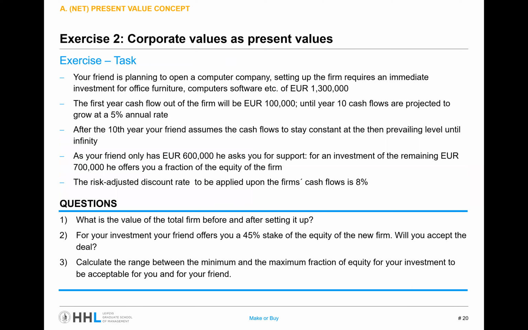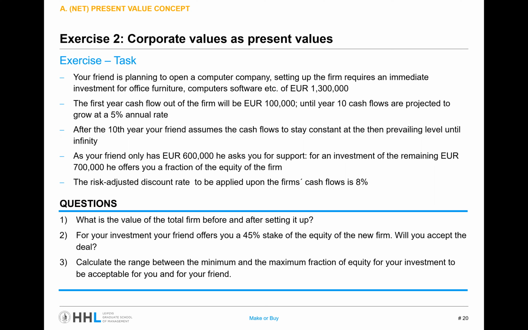And again, also for that, there is a little exercise where you can basically practice this. Some numbers, it's about a funny startup, I would say, or foundation of a company. It's about computers and software, and you basically have to figure out what is the value of that company.